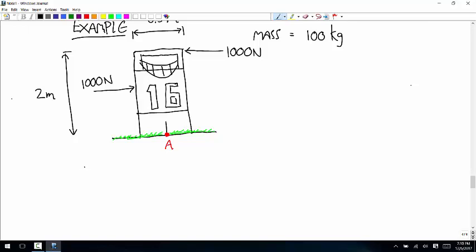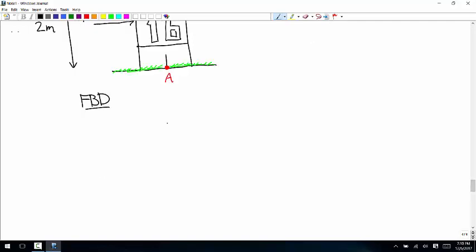Well, the first thing we have to do is think about what all the forces are. So, free body diagram. What forces are acting on this football player? Yep, there's a weight of 100 times 9.81, so 981.